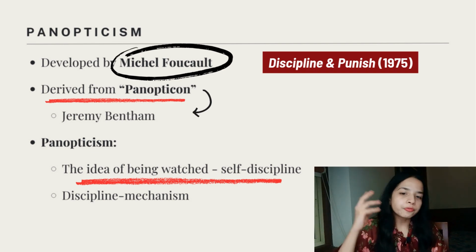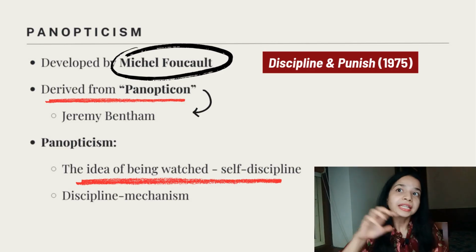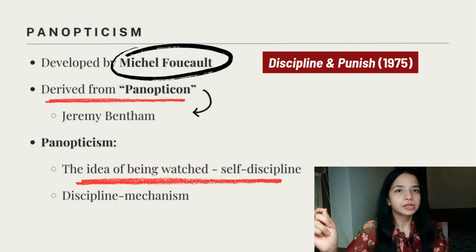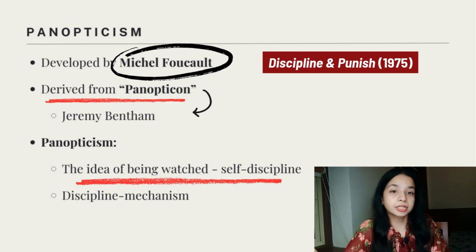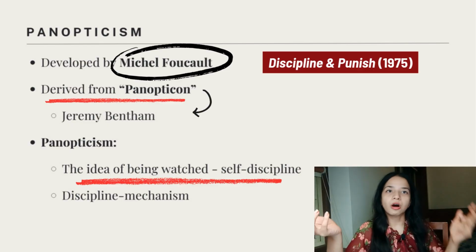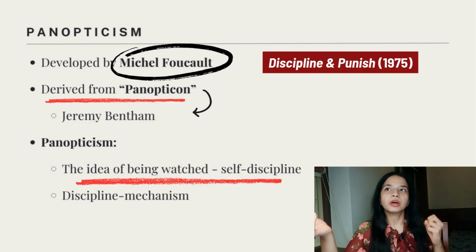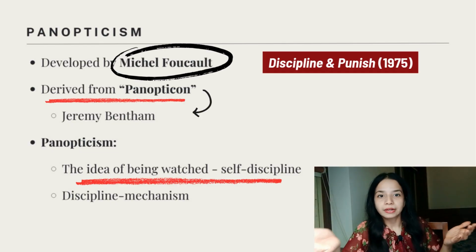So the idea of Michel Foucault talking about Panopticism was that he believed it's not just restricted to prisons. It's not just restricted to prisoners behind the bars. It spreads to schools, hospitals, offices, even today's digital platforms, right?